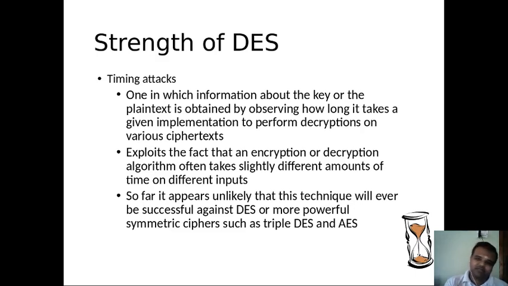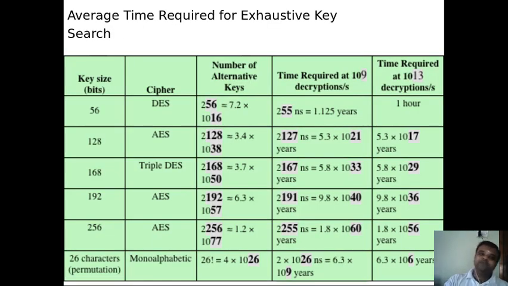Likewise, the Data Encryption Standard can be brought into hardware, and in the hardware, for different inputs, you can notice slight differences in the timing for encryption to process and the output to be received. Closely watching the time required for encryption to happen gives some forms of attack which we call timing attacks, but it was not actually proven to break DES. But 56-bit key sizes could be broken in about 1 hour, of late.